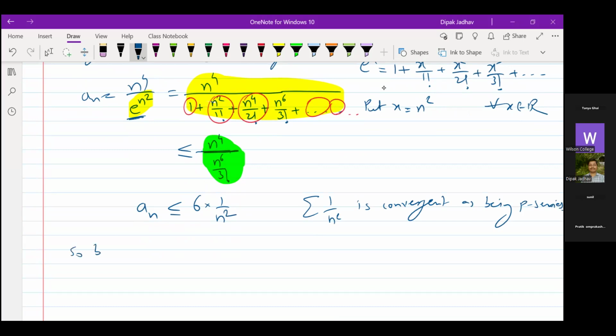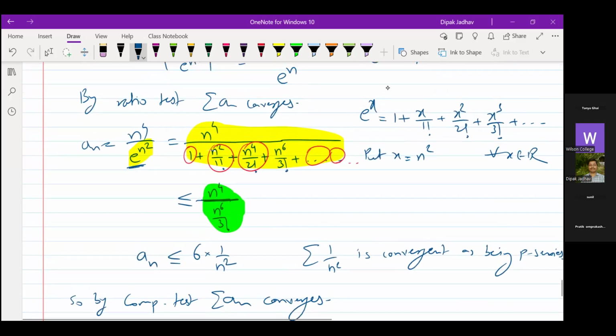So what can I say? By comparison test, summation an converges. All of you agree with this? Alternate answer? Yes, sir. Very good.